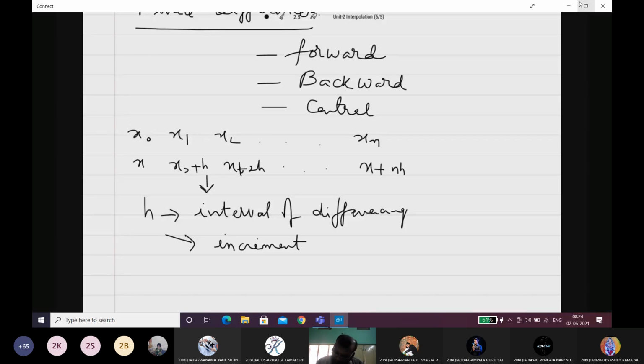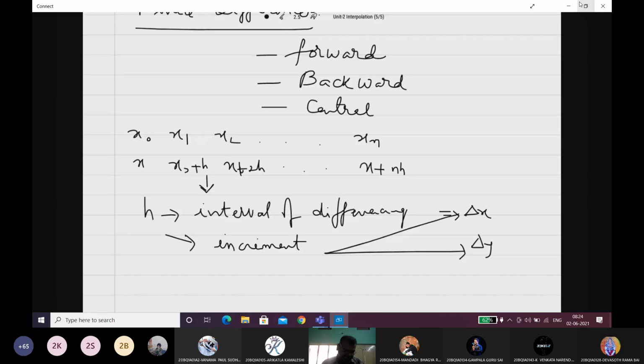Sometimes, in other words, instead of h we can call the change in x as delta x, and the change in y as delta y. The increment in x is delta x, and the increment in y is delta y. Are you understanding? Very, very simple one.